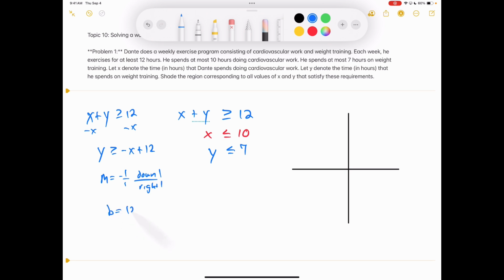And my y-intercept is 12. 1, 2, 3, 4, 5, 6, 7, 8, 9, 10, 11, 12. Okay, so I start at 12 and then I go down 1, right 1. It is greater than or equal to, so I am going to do a solid line.